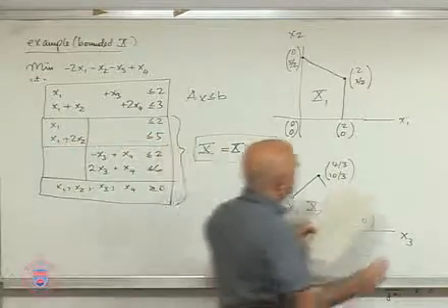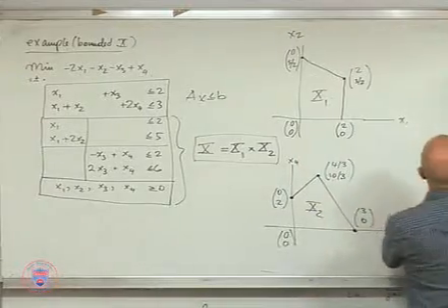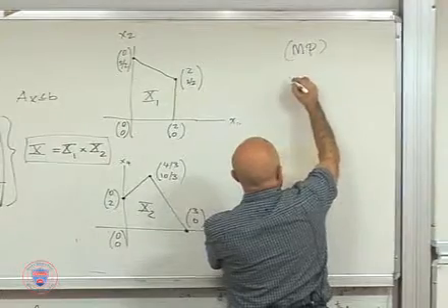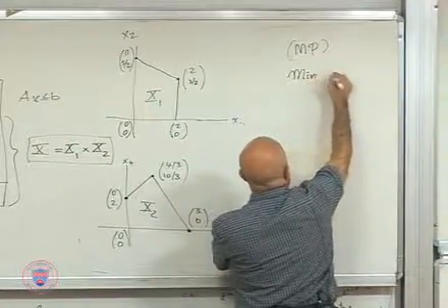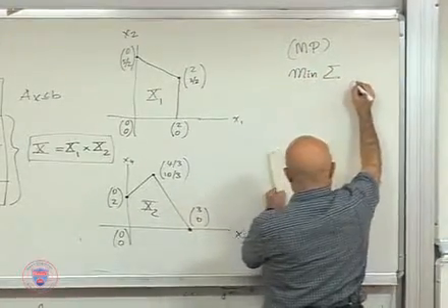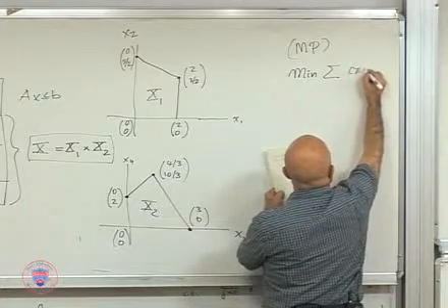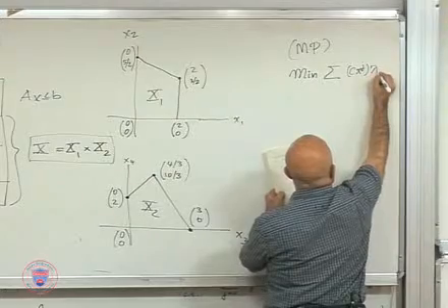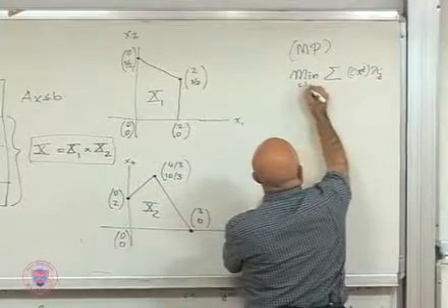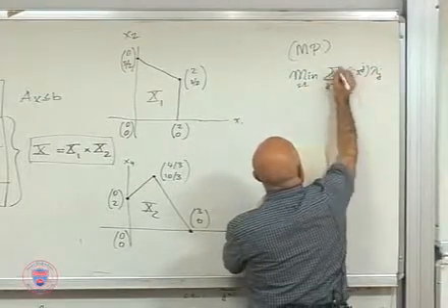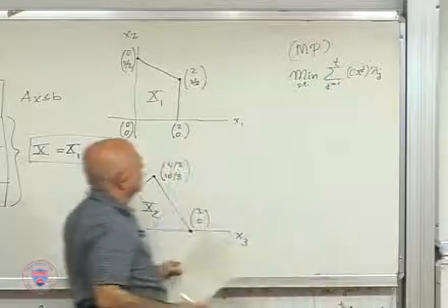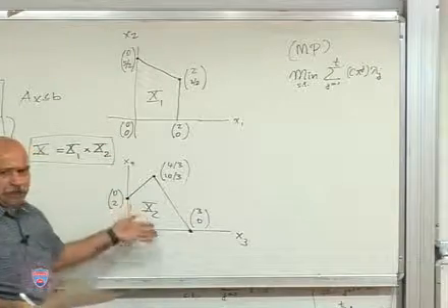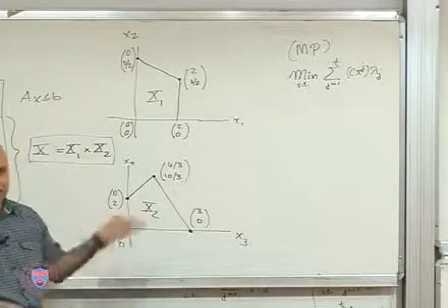And the master problem in this case is the following. It's the minimization of c x_j, or c-hat times lambda_j, j going from 1 to t. I don't know what t is here. Well, you can compute it by looking at the picture, but in general, you will never know.